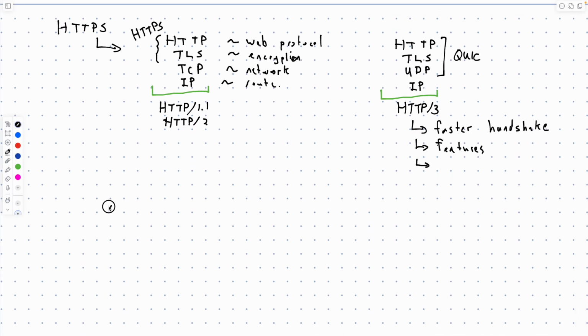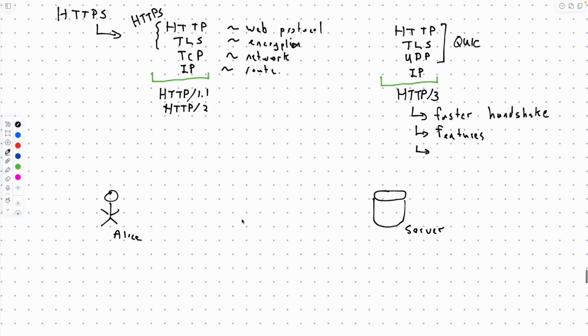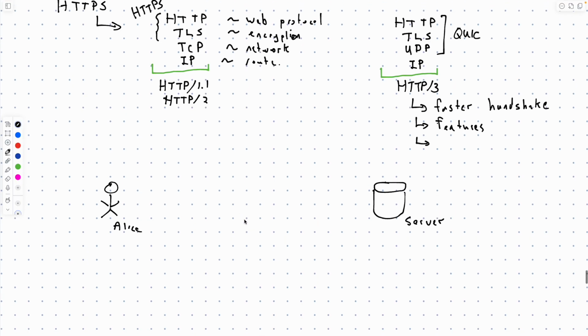So let's go through QUIC, and I'm just going to highlight some of the differences. I won't go through the whole protocol, but I'll show you some of the improvements that were made.